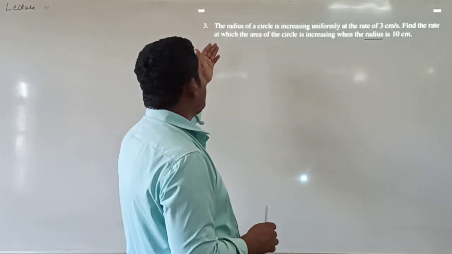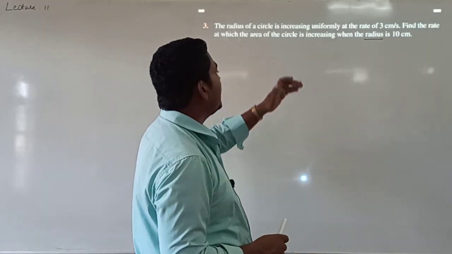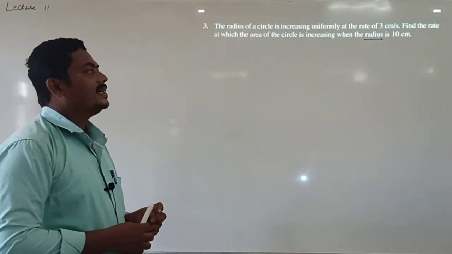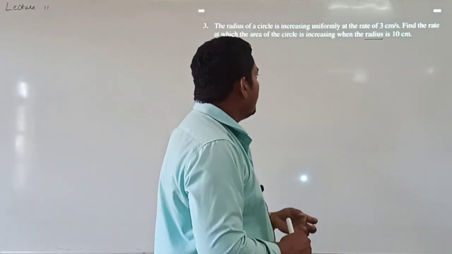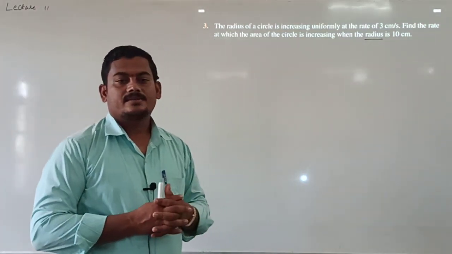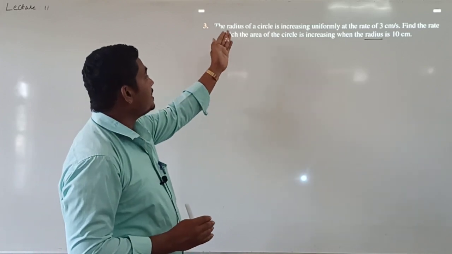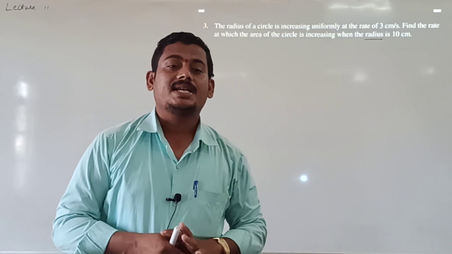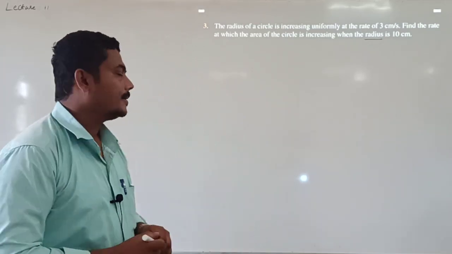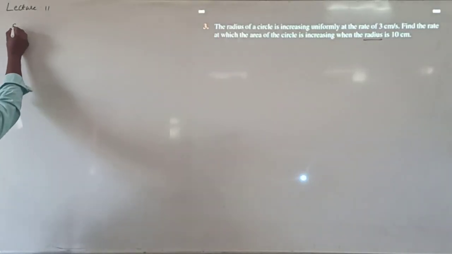Find the rate at which the area of the circle is increasing when its radius is 10 centimeter. Once again I will read the question. The radius of a circle is increasing uniformly at the rate of 3 centimeter per second, right?